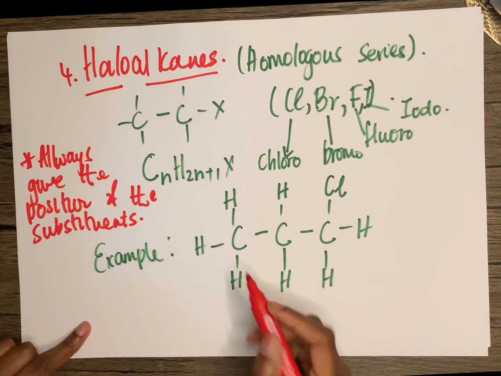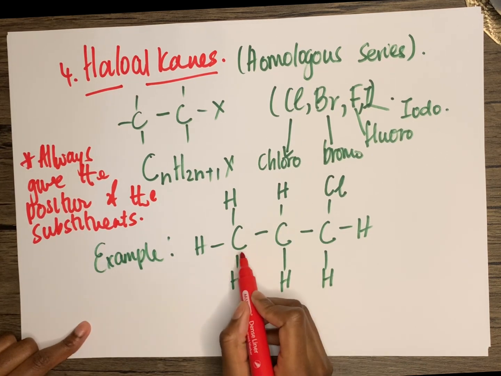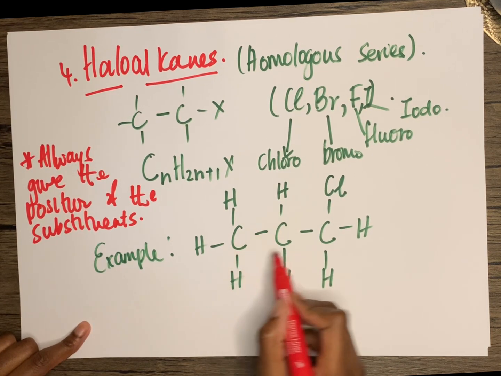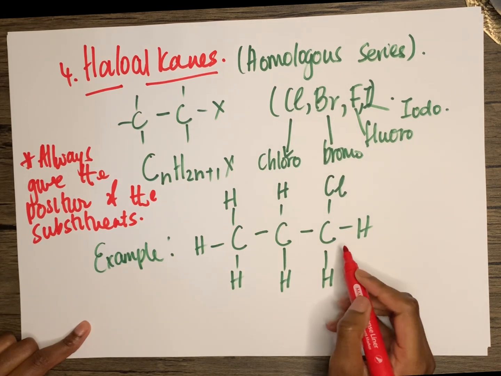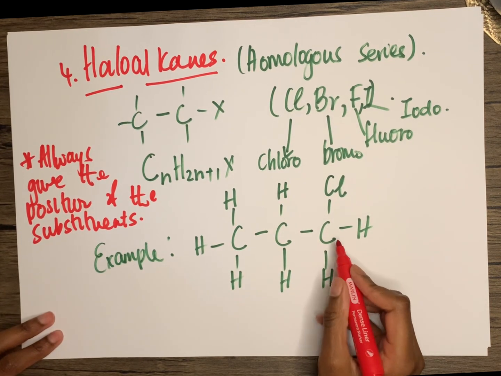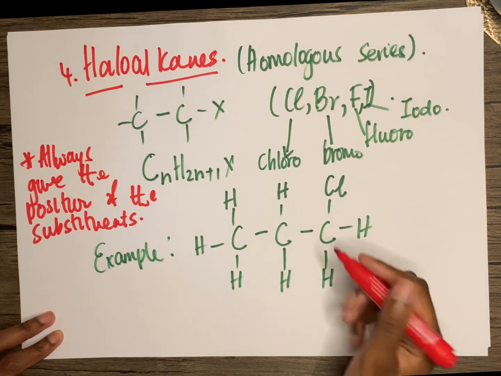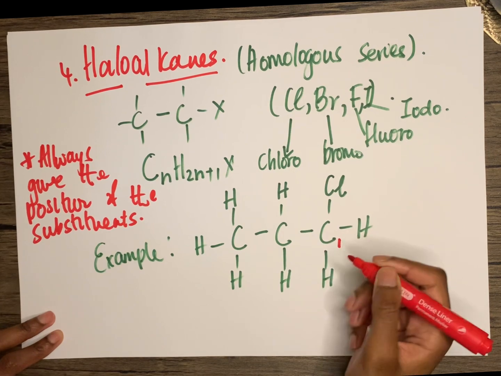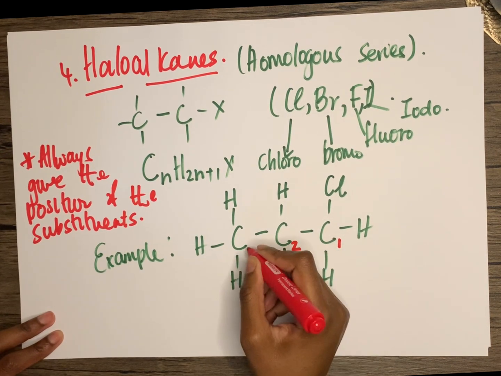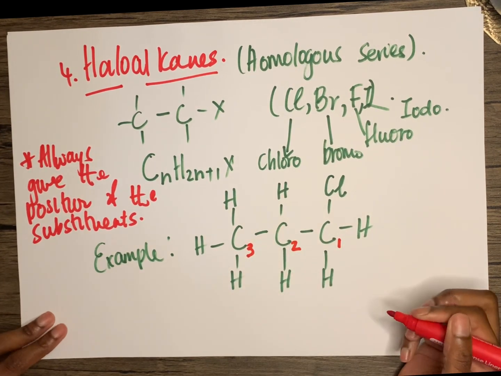So I can't number from left to right. I can't make this carbon my position 1, 2, 3. I have to give the lowest number to the carbon that has the substituent in this instance. So I'd number this as carbon 1, carbon 2, and carbon 3, right?